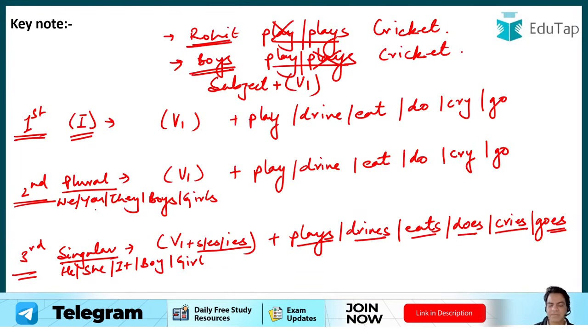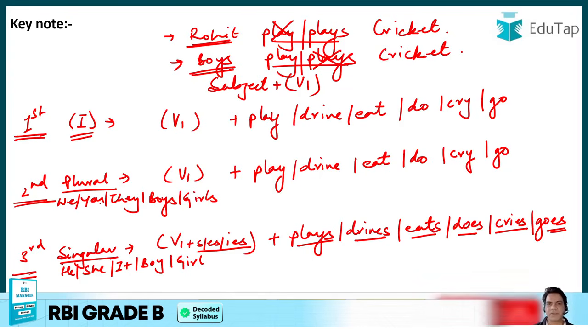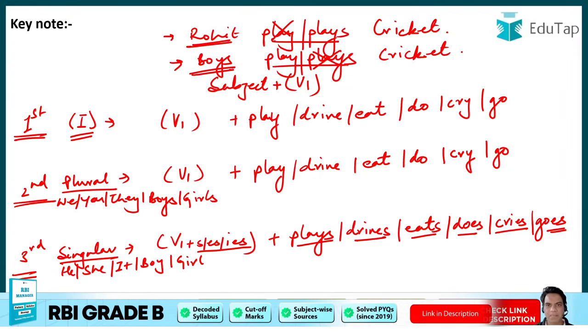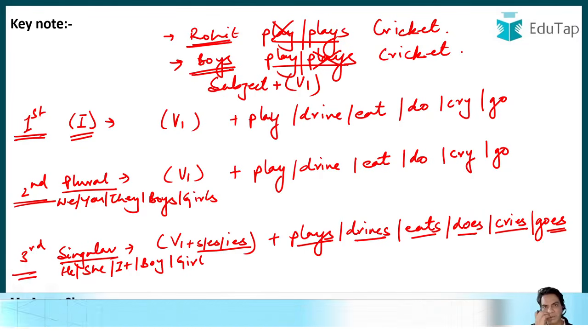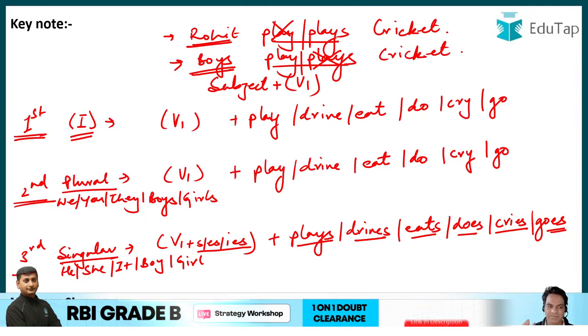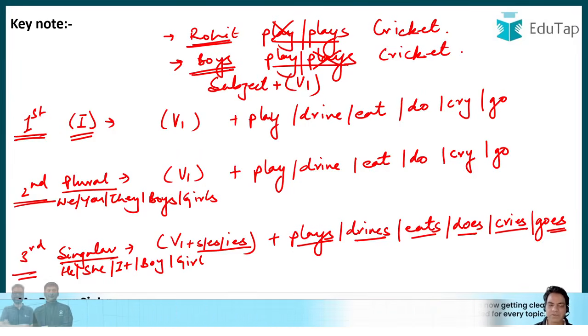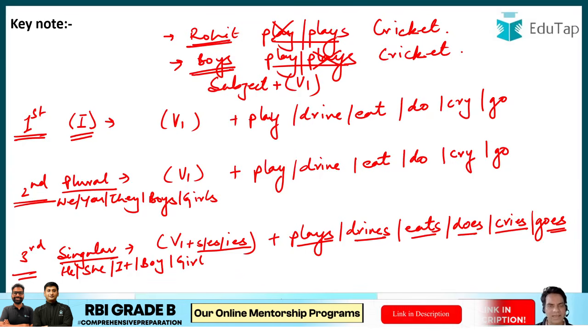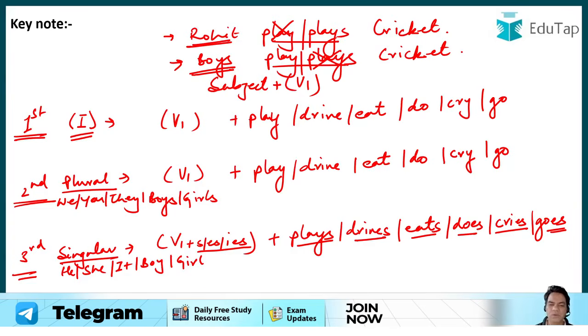I've put them together on the basis of their functionality and practical usage, not on the theoretical part that has been taught in your books all along. So from today onwards, first person is only I, second person is all the plurals, and third person is all the singulars.